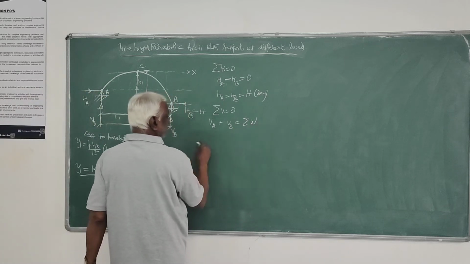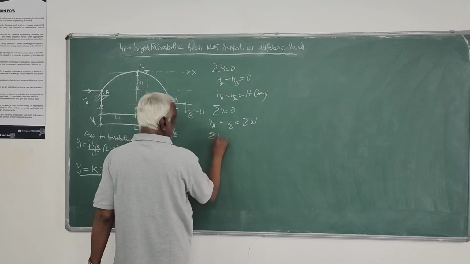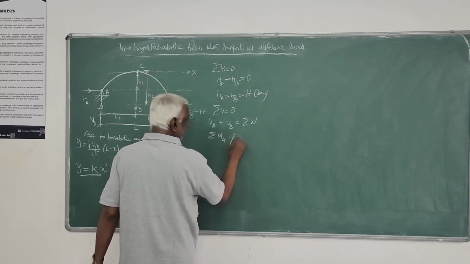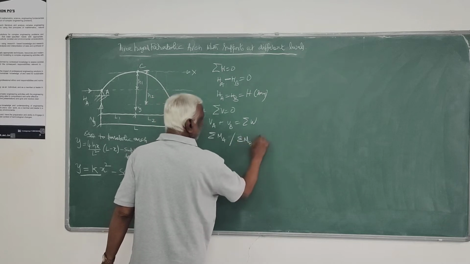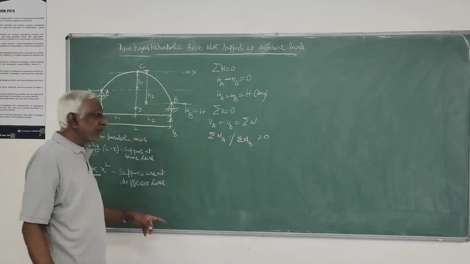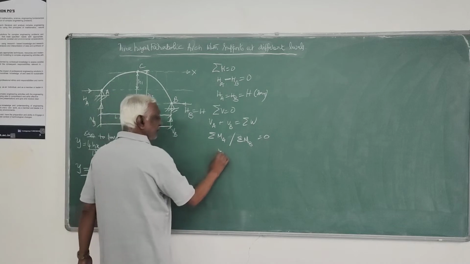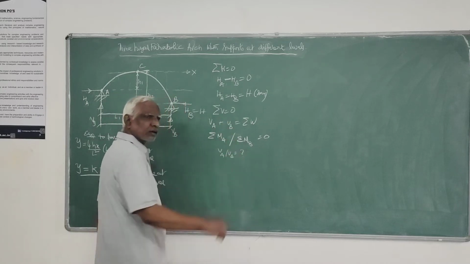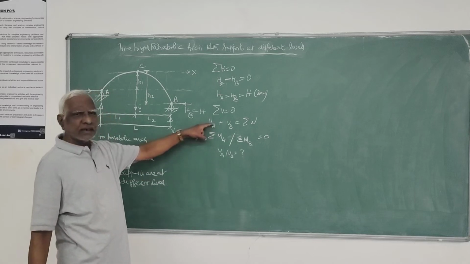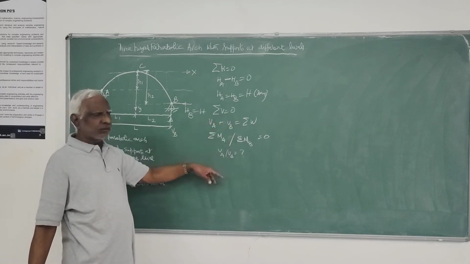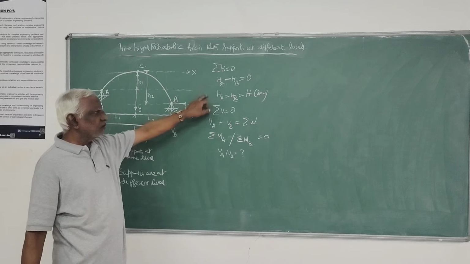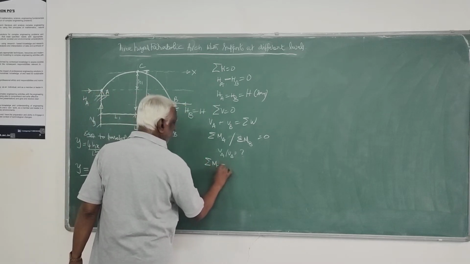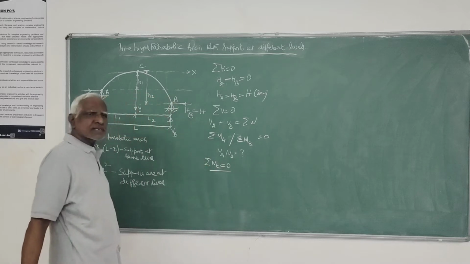This is the second equation. Then if you use sigma MA or MB equals 0, you will get either VA or VB, and then you substitute to get the two vertical reactions. To find the horizontal reaction, you can use the sum of moments about C equals 0.